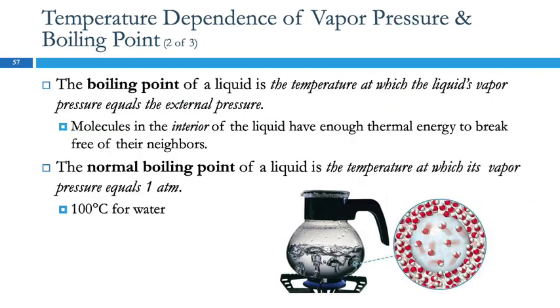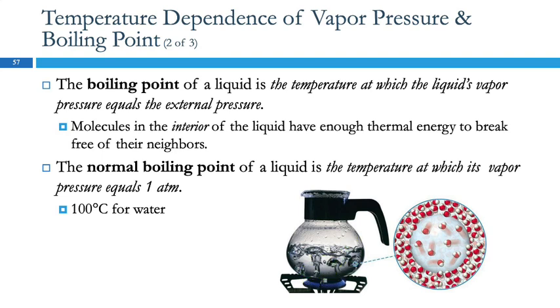So what that means is that now even the molecules in the interior of the water have enough energy to get into the gas state and break free from their neighbors. So they're going to form these bubbles of water vapor, which then rise to the surface, and that's what we see. We see water boiling.